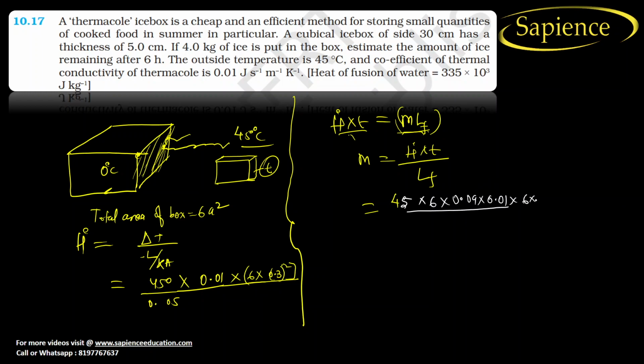So 6 hours should be converted into seconds, divided by the latent heat of fusion, 335 into 10 to the power 3 joule per kg.